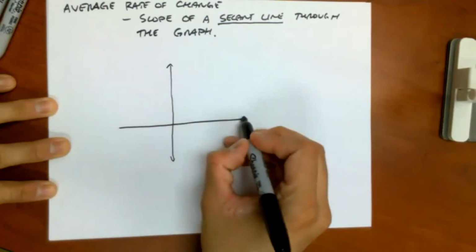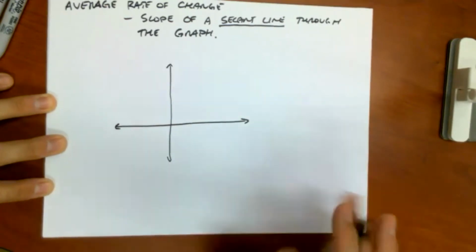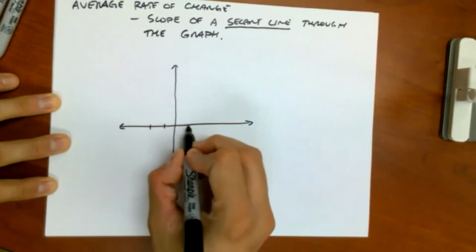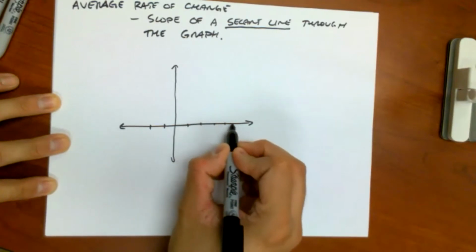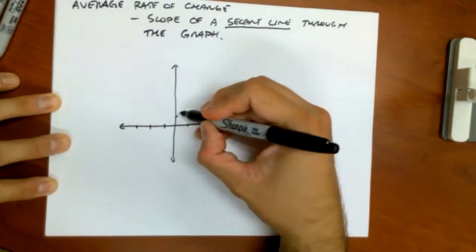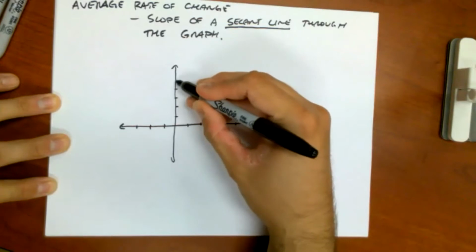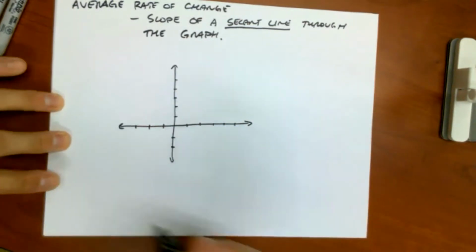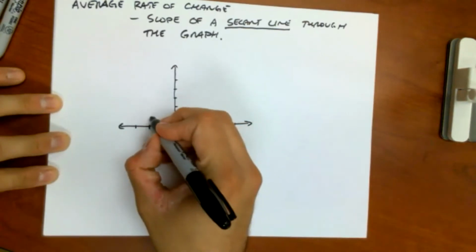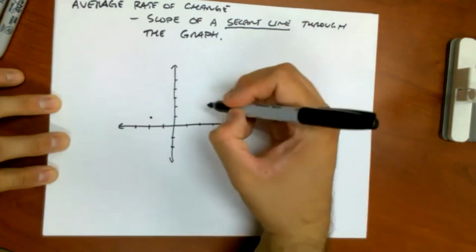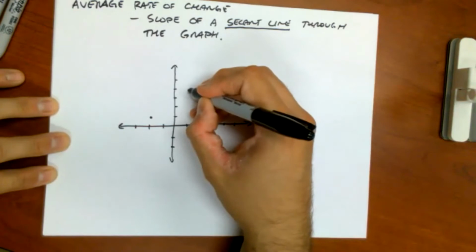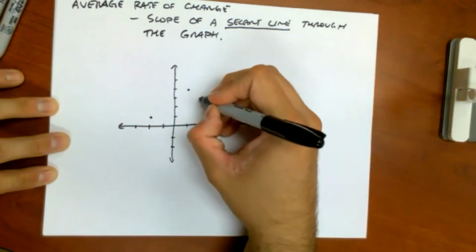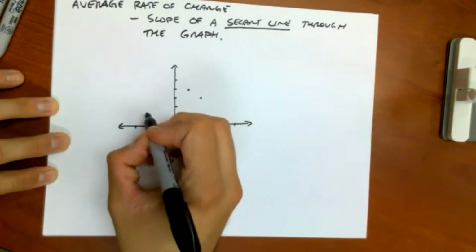Okay? Let's say, I'm going to try to get these digits pretty crisp. Okay. Let's say I've got a function and it kind of does some roller coaster type stuff. Let's say we bottom out there, top out here, here.